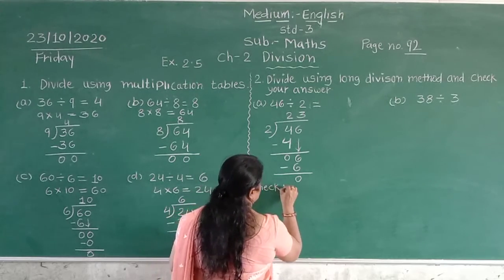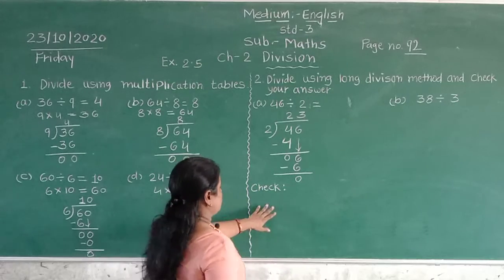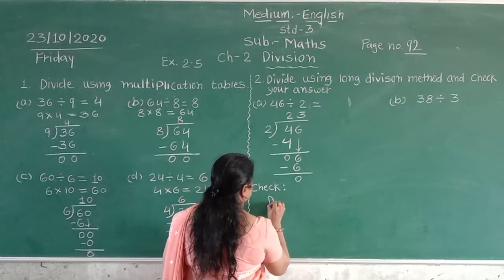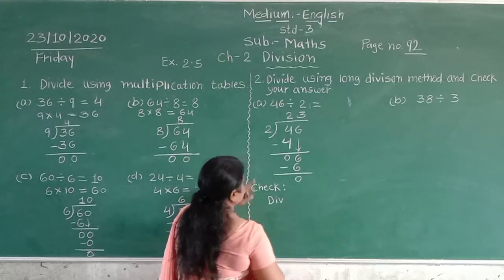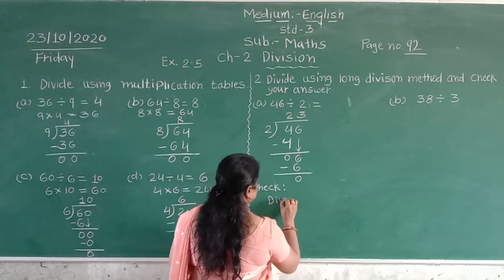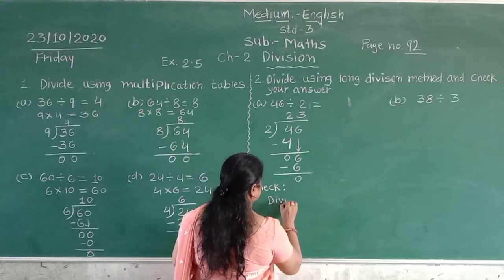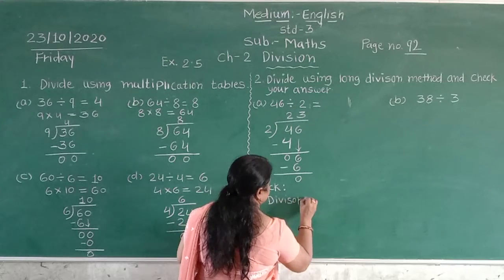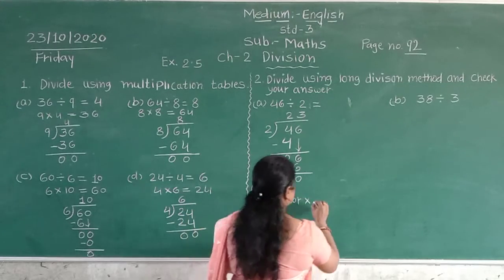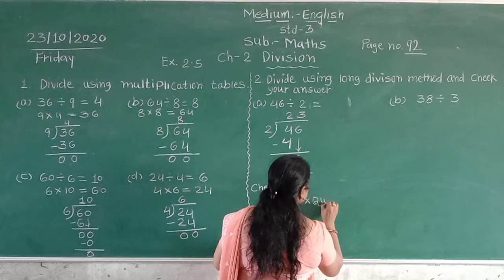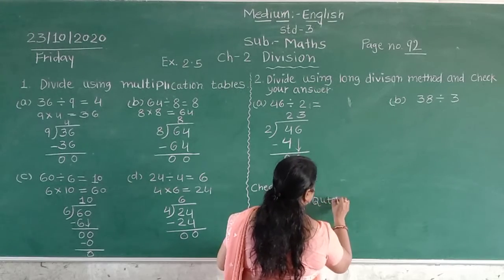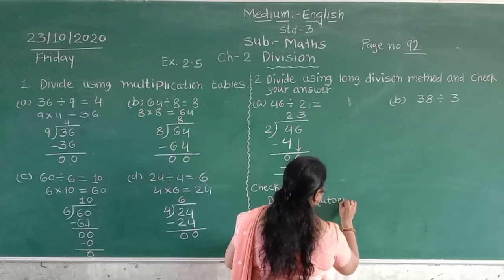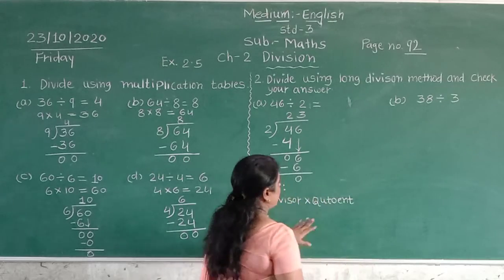check. So first we write divisor. 2 is the divisor.